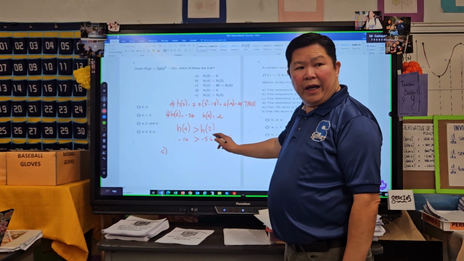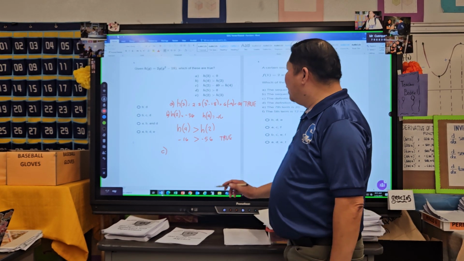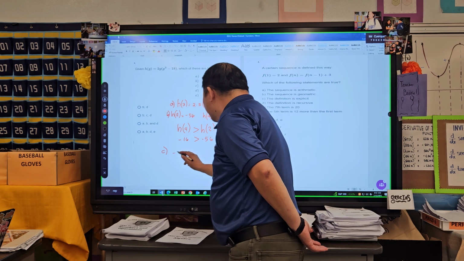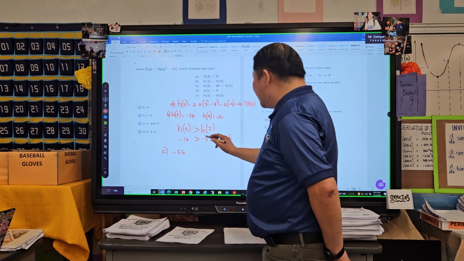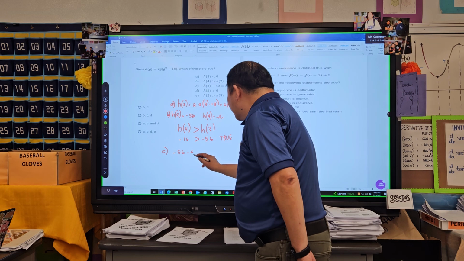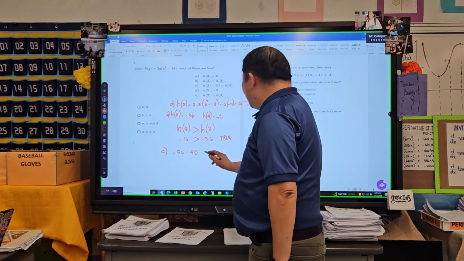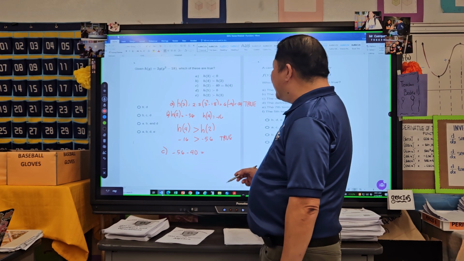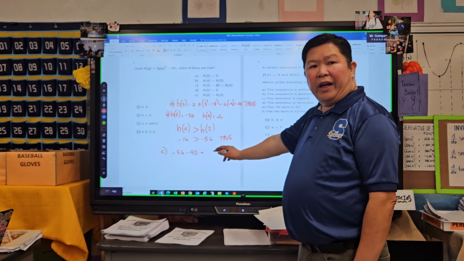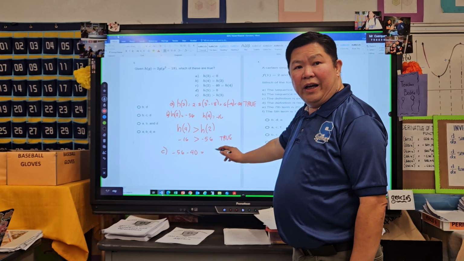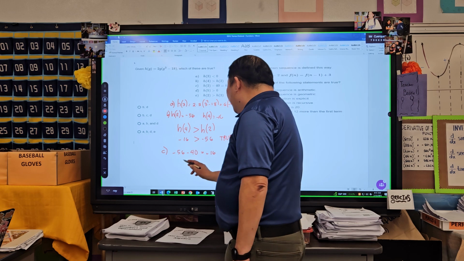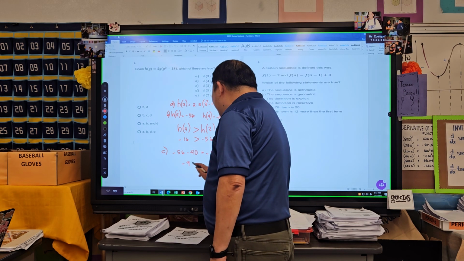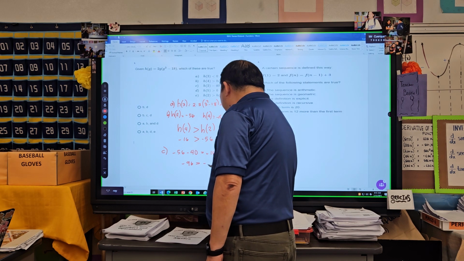H of 2 is negative 56, right? Okay, shall I write negative 56 right away? Negative 56 minus 40 should be equal to h of 4. What is h of 4? Negative 16, right? Now, question, is negative 96 equal to negative 16?